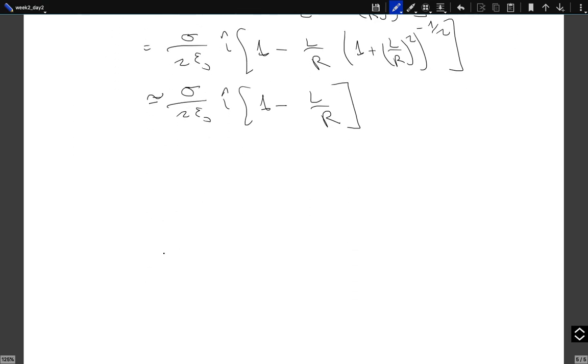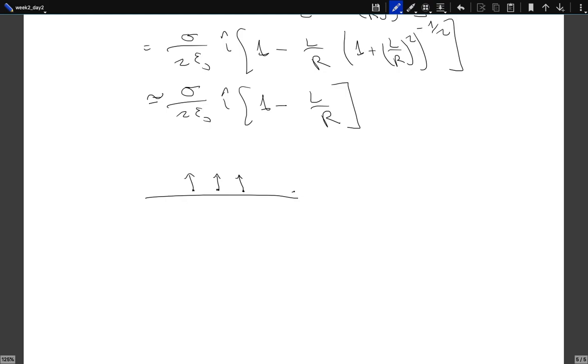So in a real-life example, if you have a very large plate, not an infinite one, the electric field over here will be the electric field of an infinite plate. The electric field over here will also be that of an infinite plate, and similarly over here.